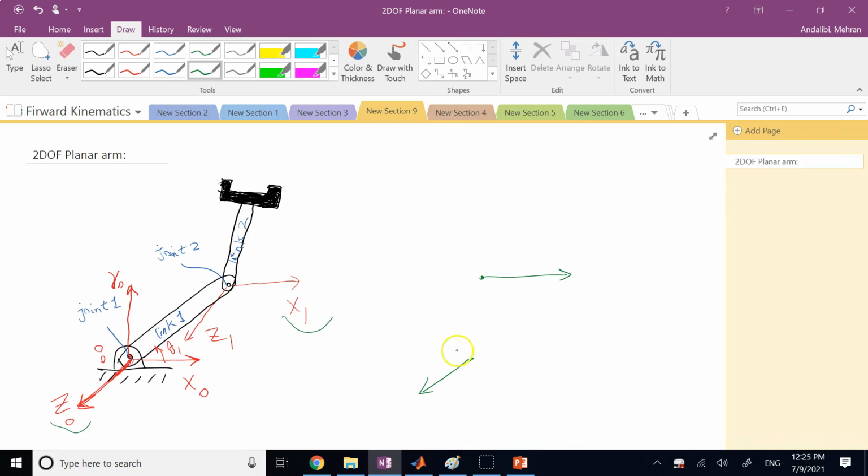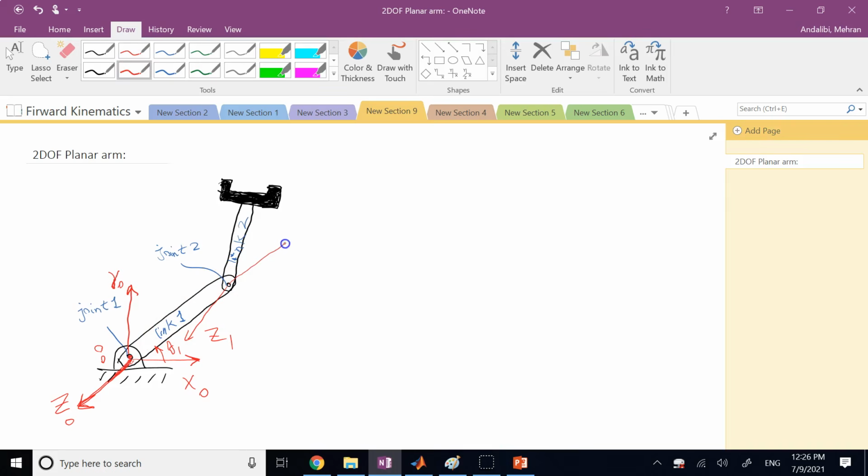We call these skew axes. Skew means the two vectors can never be put on the same plane, can never be considered coplanar. Because there is no intersection, I cannot choose x1 the way it is right now. There is only one selection for x1: it has to be collinear with link number 1.